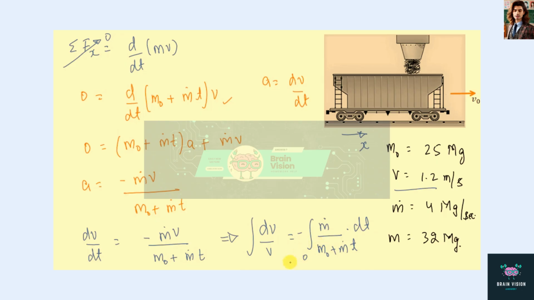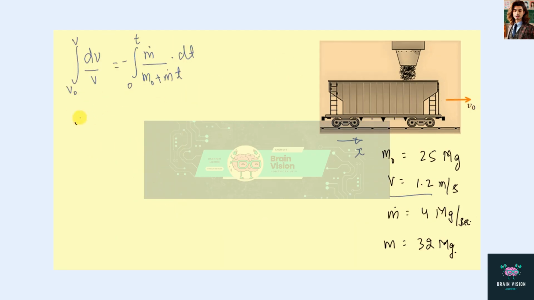When the time is 0, the velocity is v naught, that is 1.2 meter per second, and when the time becomes t, the velocity is v. Integrating both sides, we get natural log v with limits v naught to v equals negative natural log of m naught plus m dot times t, with limits from 0 to t.